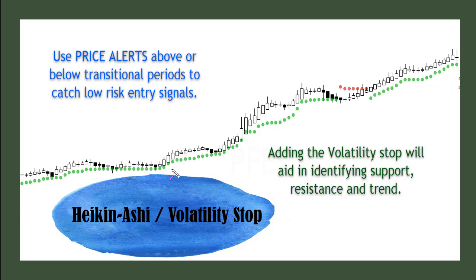If we have one of these nice tight consolidation periods in here, notice how that tight level holds just above the volatility stop, the green volatility stop that shows us price support. If you just take this line and stretch it all the way back here, it's showing us the price support of this top right here. We're sitting on top of that price support, and it's just giving us that nice green signal.